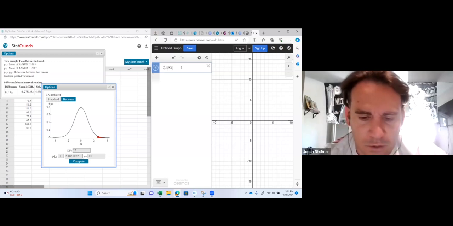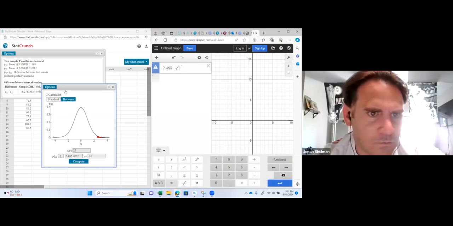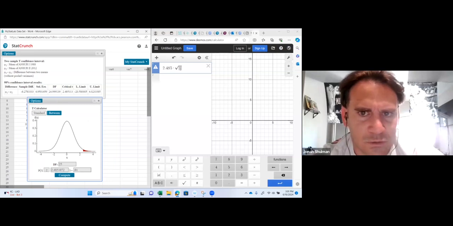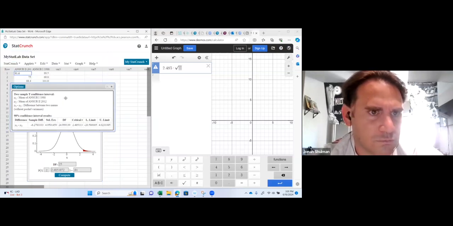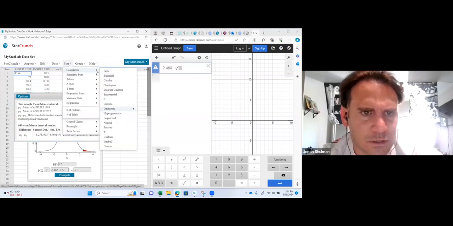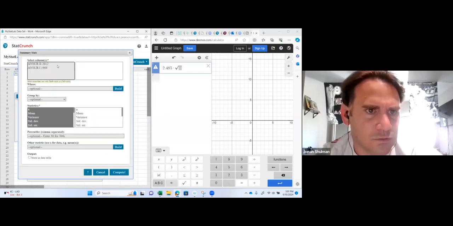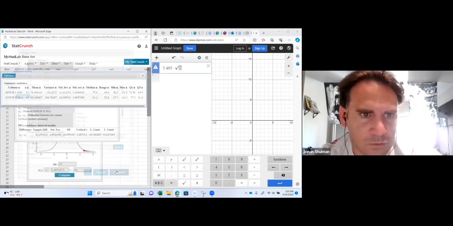Just so we can get the error. So we gotta multiply this to the square root of what? We're multiplying this to the square root of the variance of the first one. So I just need stats, calculator, summary stats and columns. Cool, compute.